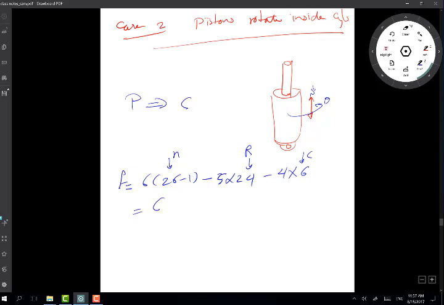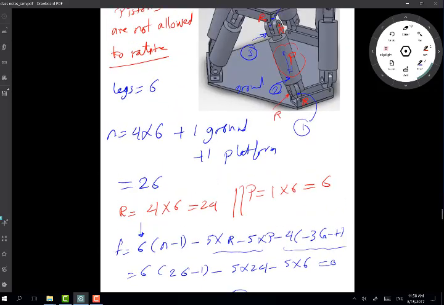So this will give me 6 degrees of freedom, right? So with these calculations we can tell that the platform will have 6 degrees of freedom, so we'll be able to place it and orient it with 6 degrees of freedom, because you have allowed the pistons to rotate inside the cylinders.